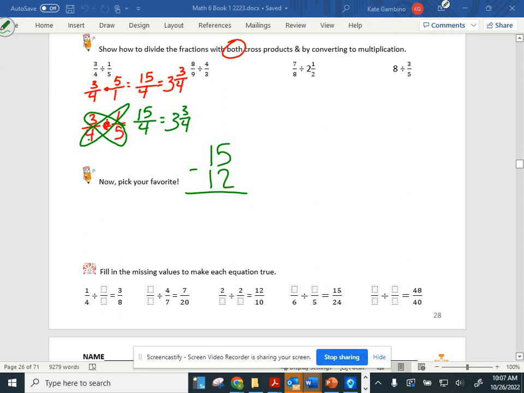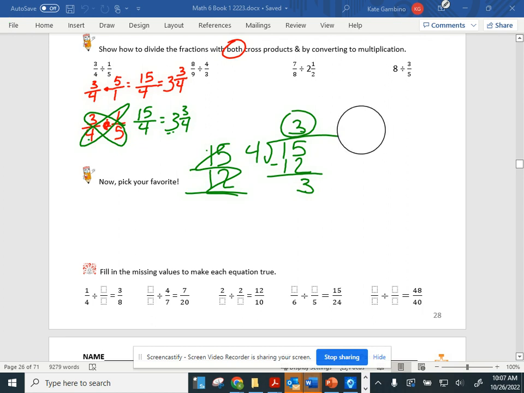So if we did it long division wise, 4 goes into 15 3 times. 3 times 4 is 12. 15 minus 12 gives me 3. So my 3 is my whole number. And there is 3 left over, so that's my new numerator. Okay. So yeah, it gets confusing when it's the same number, but that's where the two different numbers came from.